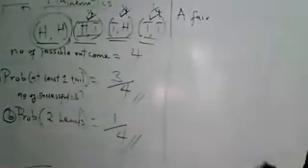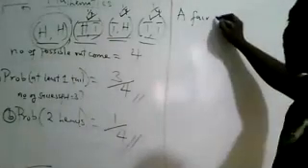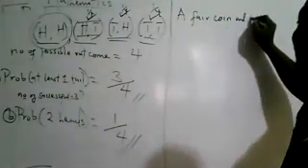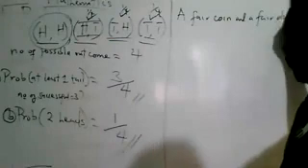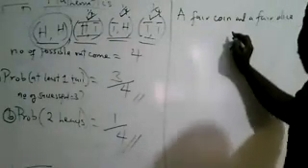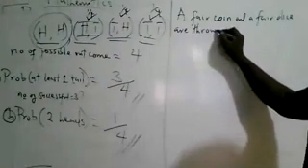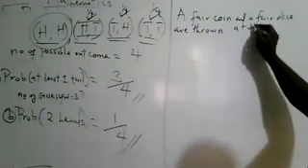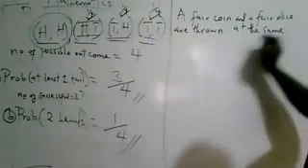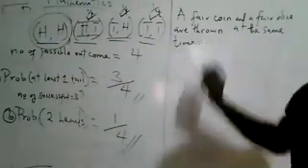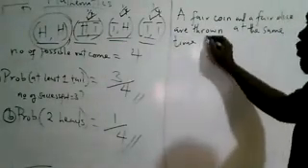So the next question: a fair coin and a fair die are thrown at the same time. Full stop.